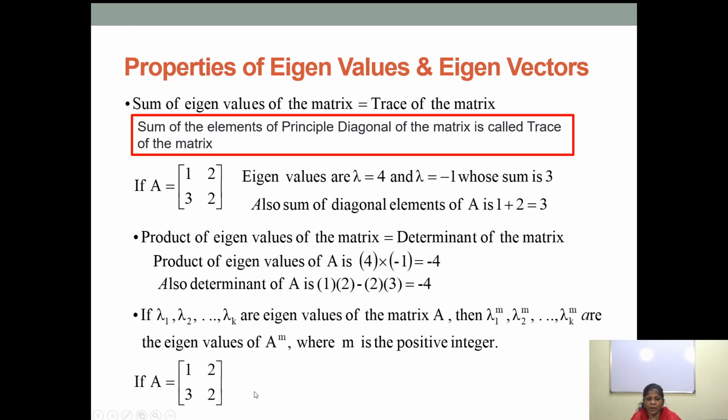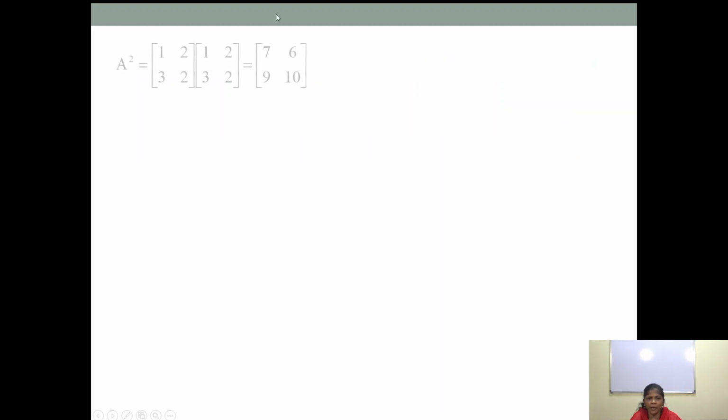Let us try to understand it with the help of the same example. We have the matrix. What are the eigenvalues? 4 and minus 1. Suppose I want to find the eigenvalues of A square. We will not find the eigenvalues of this matrix separately.